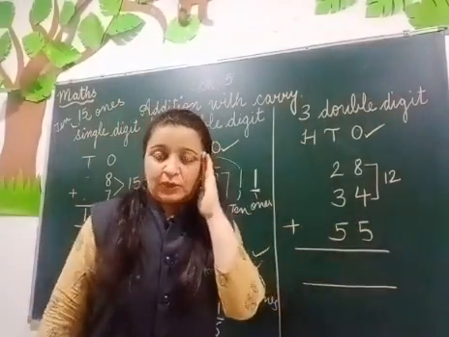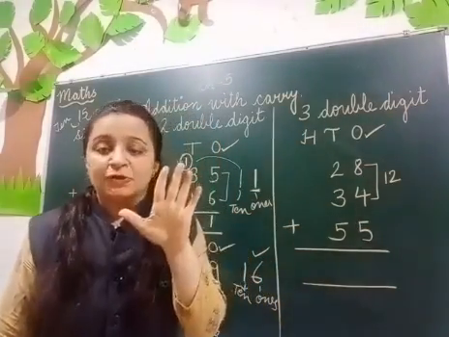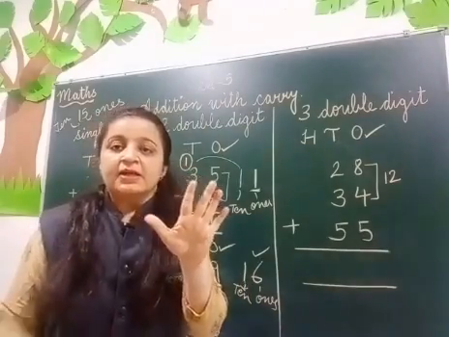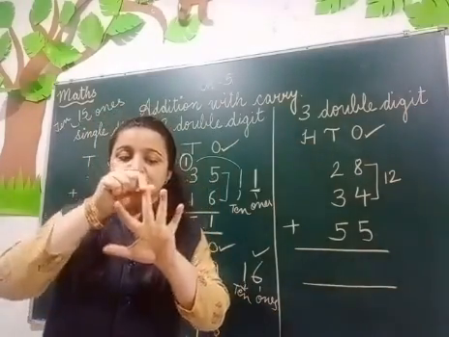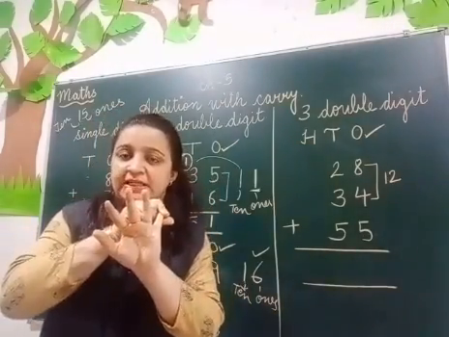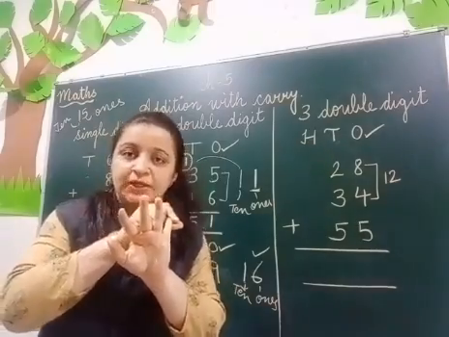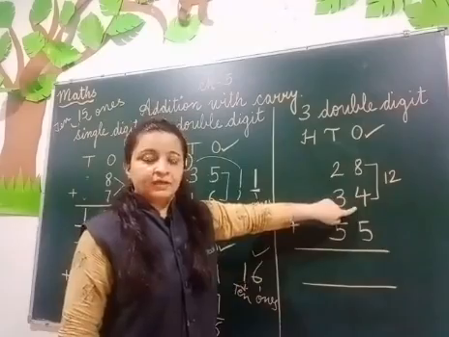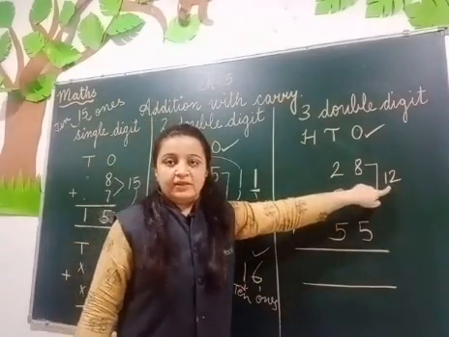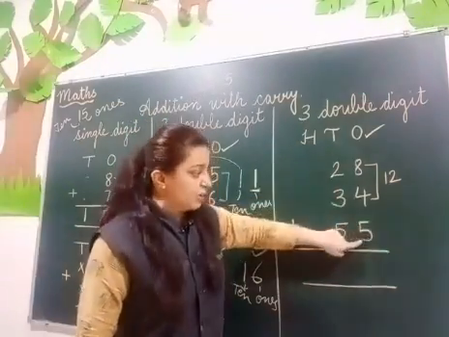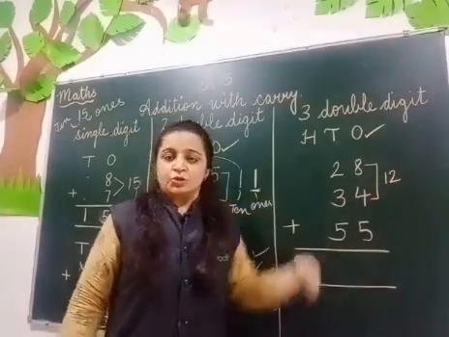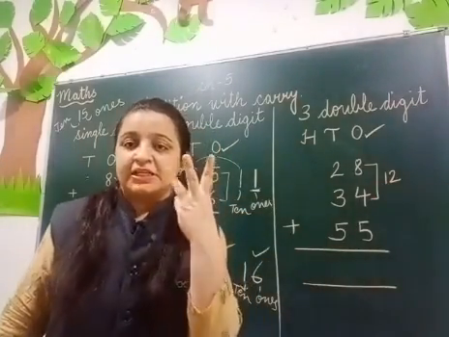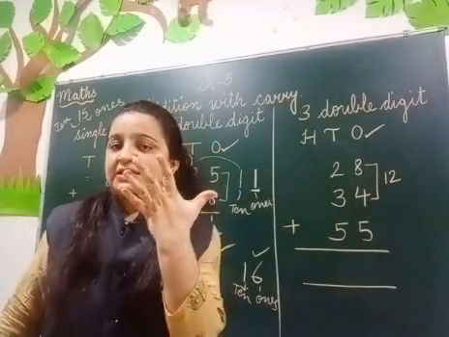So 12 you can keep it here and you can take out 5 more fingers: 13, 14, 15, 16, 17. Understood? First we are adding 8 and 4. The answer is 12. Then we are adding 5 more to this 12. So 12, 13, 14, 15, 16, 17.